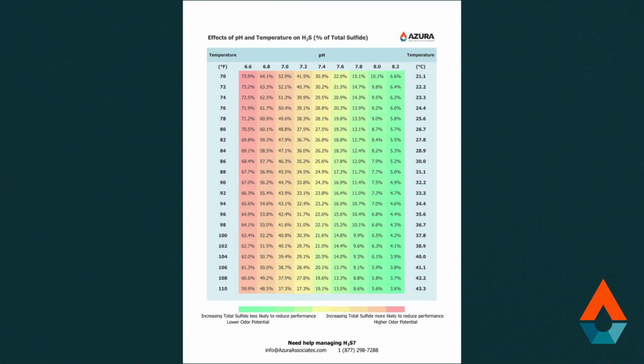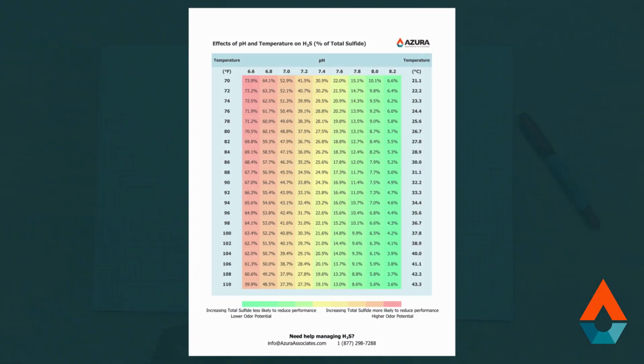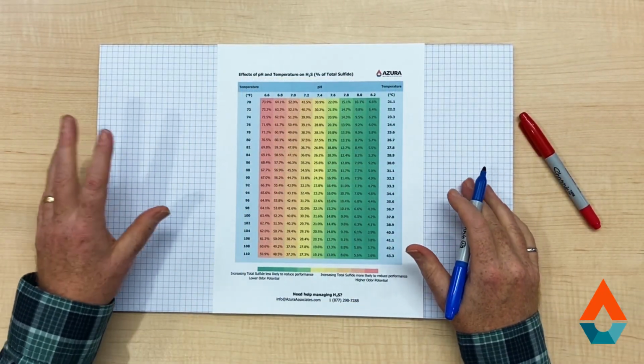So here we have the hydrogen sulfide rainbow chart. Talk to anybody at Azura about the hydrogen sulfide rainbow chart, and we're going to know this is what you're talking about. Now, in this case, I said pH and temperature affects the form of hydrogen sulfide, whether it's dissolved ion or in the gas.